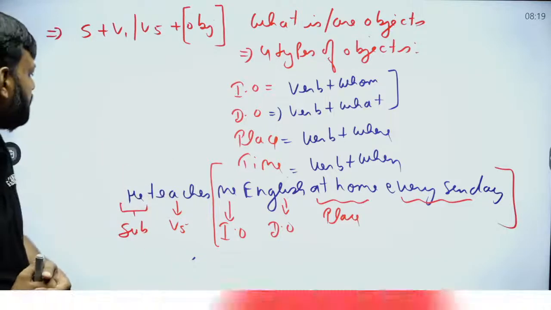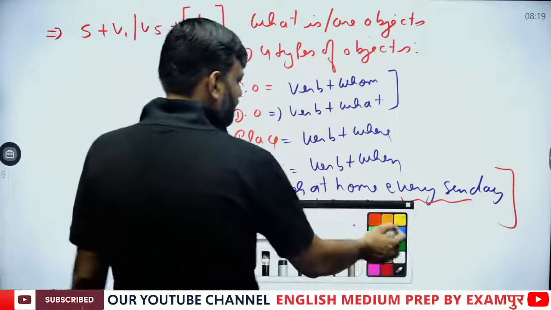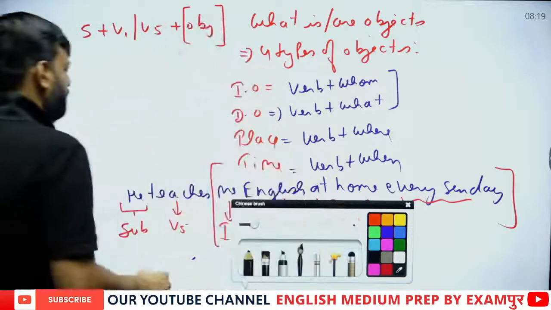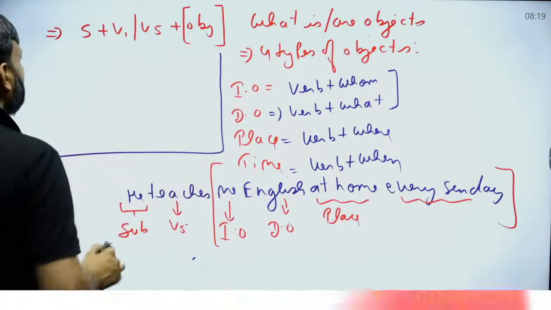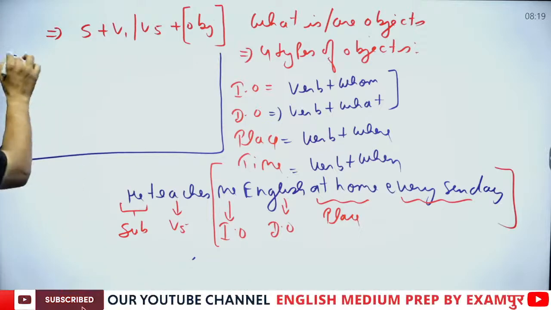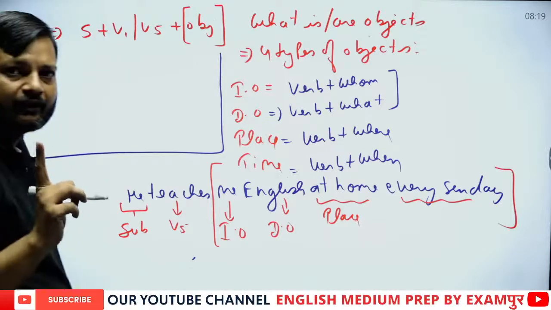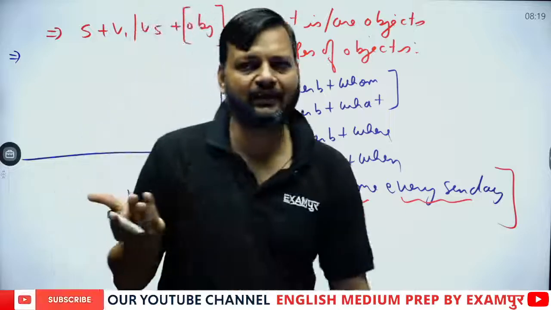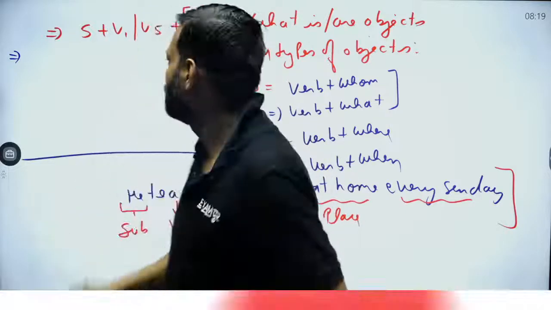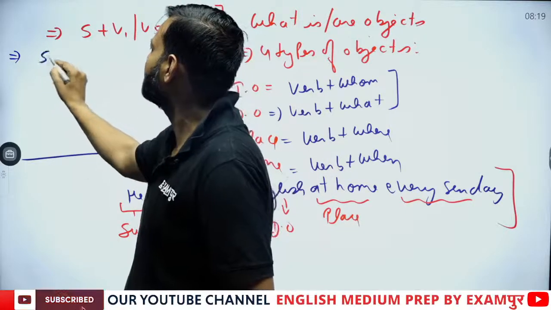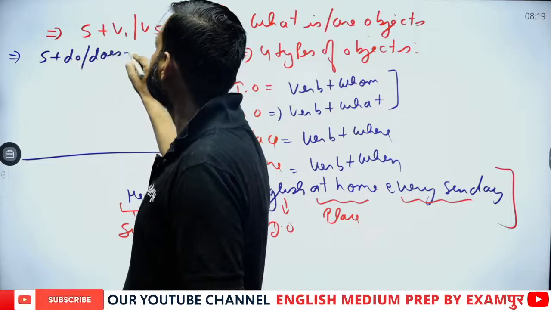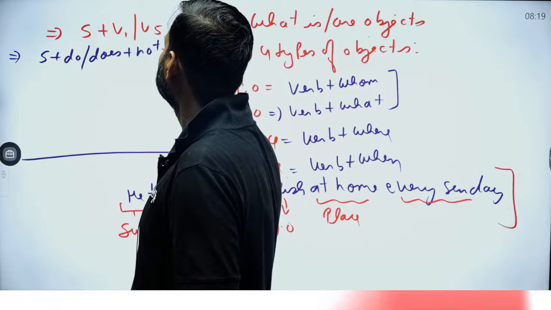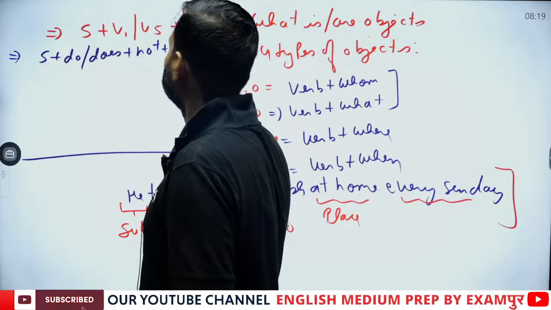Now one more thing, this was all about the object part. If you have to make negative, every sentence has positive and negative structure. So the negative of present indefinite is subject, do, does, then not, then first form of verb, and object.